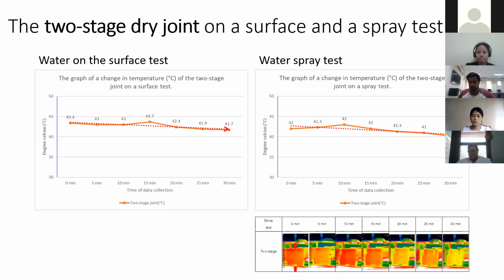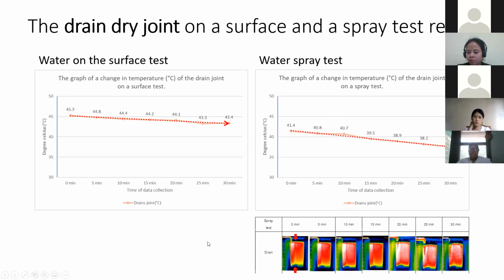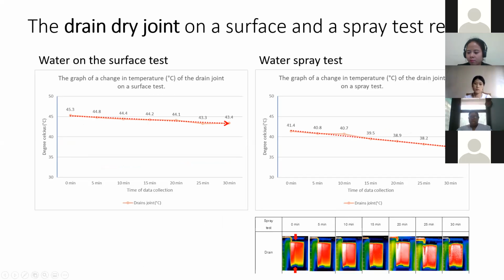For the two-stage dry joint on the two tests, both of them in the overall trend show a decrease in the surface temperature. And the thermal image here shows that although there is some water dripping from the side, it doesn't affect the joinery area. The drain dry joint also shows a decrease in surface temperature of the precast concrete, but there is no sign of water leakage in this one either.